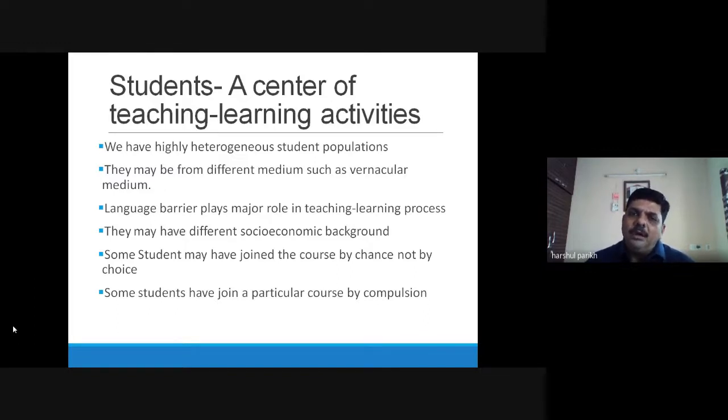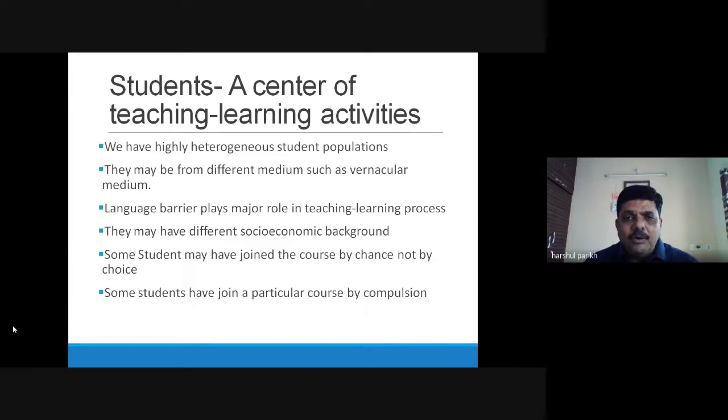All answering is in English. That's why those students whose school level was in vernacular medium have problems in understanding. That means language is a barrier in the teaching-learning process.